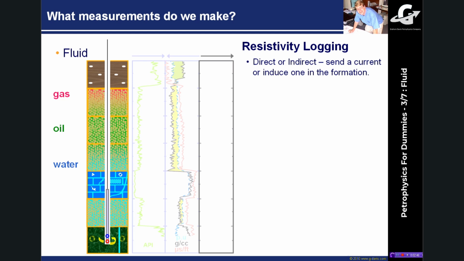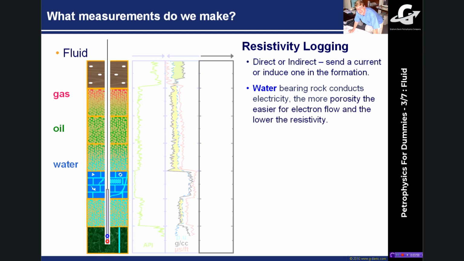And then the movement of this current around the tool in turn induces a current back in the receiver coil within the tool, and the received current is proportional to the current flow in the formation, and hence from that you can get an idea of the conductivity of the formation, and 1 over that is the resistivity. So we've got a direct measurement in conductive muds, and an indirect measurement where we induce a current to flow in the formation and measure the tool's response to that.